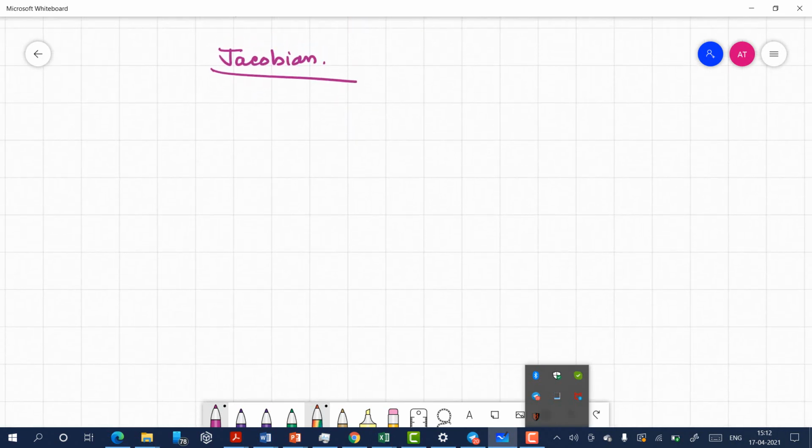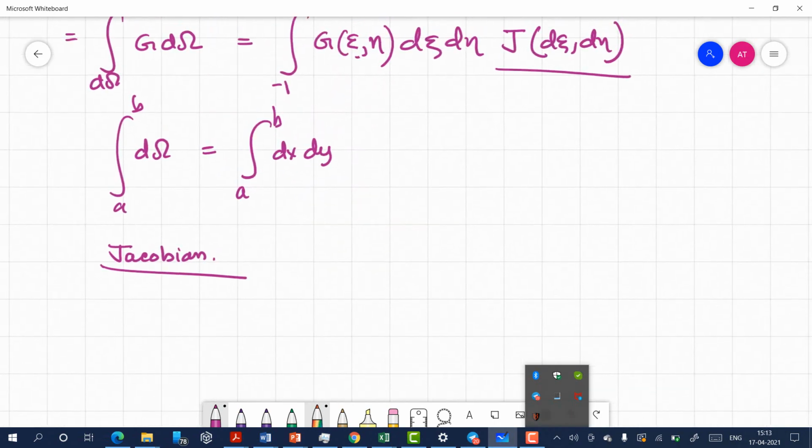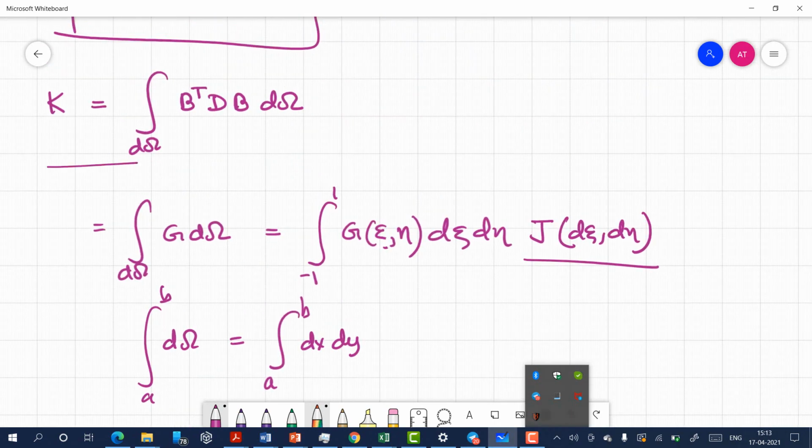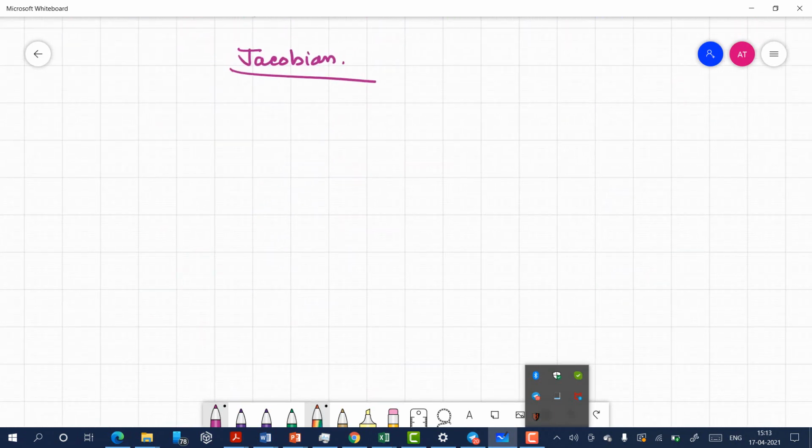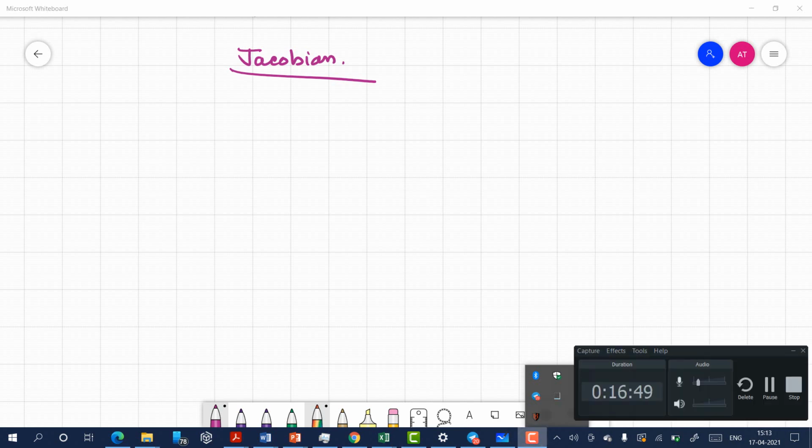The concept of stiffness we have done, the formulation. Then the question comes that how will we integrate this, and in order to answer that question, we are coming to the concept of Jacobian, and then we will go to the concept of numerical integration after this.